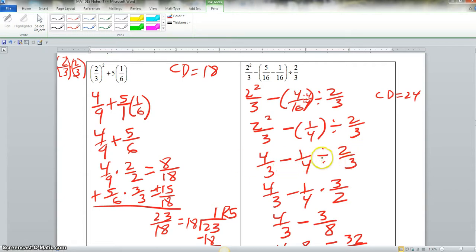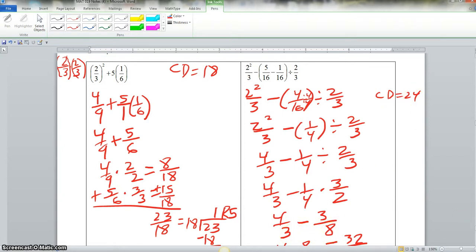Now, we have subtraction and division. We would do division. So we have 4/3 minus 1/4. The division becomes multiplication, and we take the reciprocal of 2/3, which is 3/2. Now we bring down our 4/3 minus 1 times 3 is 3, 4 times 2 is 8. Now we need a common denominator of 3 and 8, which is 24.